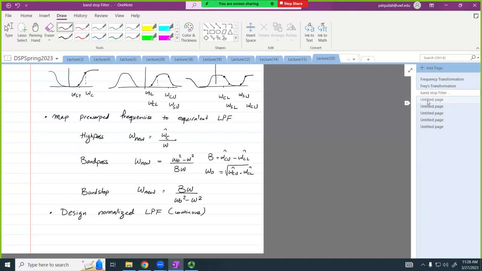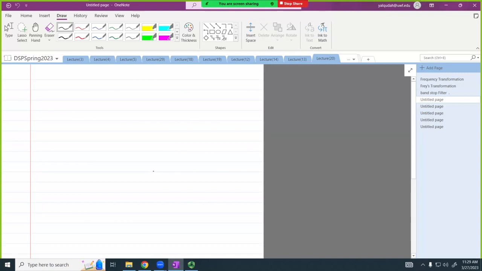And you can tell by looking at these, we have two sets of frequencies, unlike the high pass filter. Here we have one set of frequencies. Here we have two sets of frequencies. 1, 2, 1, 2. So when we design a bandpass filter, we're going to get two sets of low pass specifications.